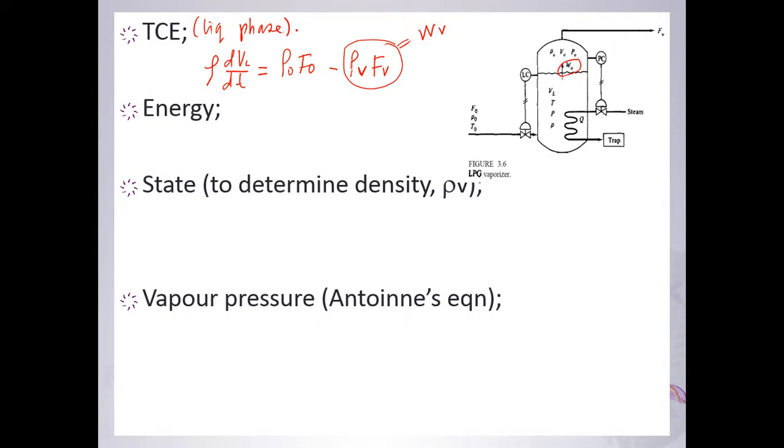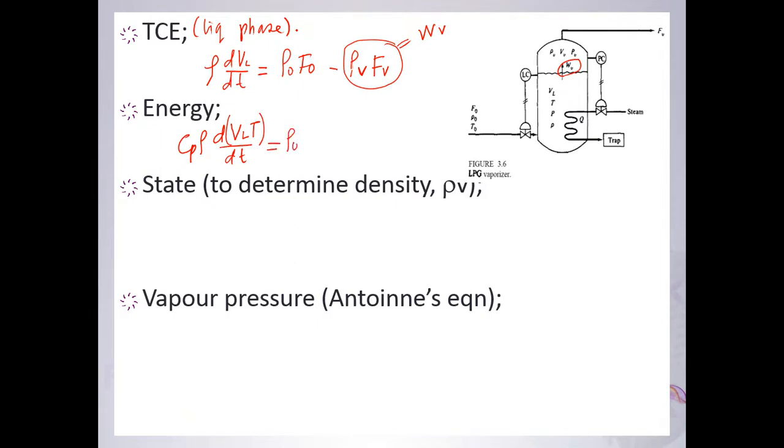Then for the energy balance, we're going to go straight to the final energy balance, because you already know how to develop it from the basic energy balance. Make sure you know how to do that. So it's Cp rho d VLT over dt. This looks familiar.